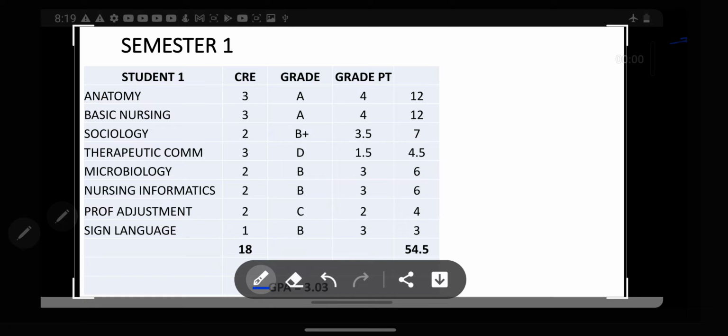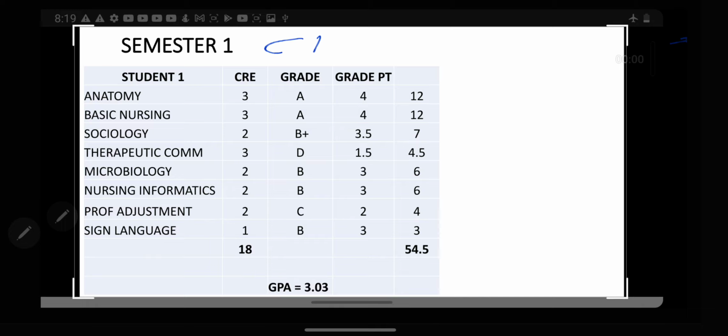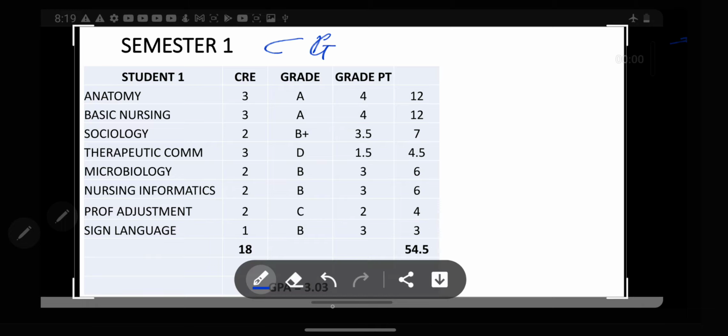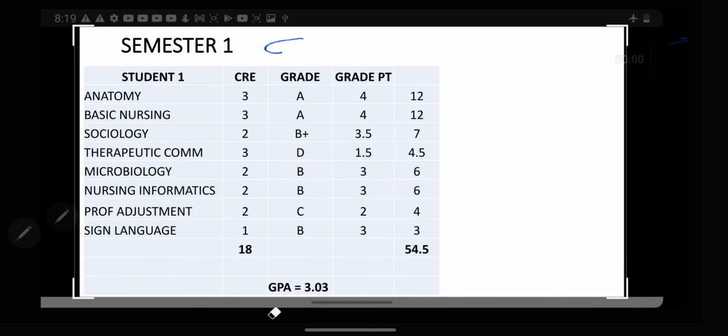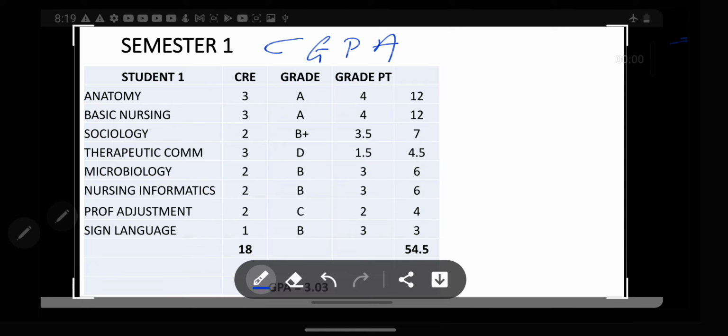In this one, I'm going to talk about how to calculate your Cgpa. How to get your Cgpa. Cgpa simply means cumulative grade point average.